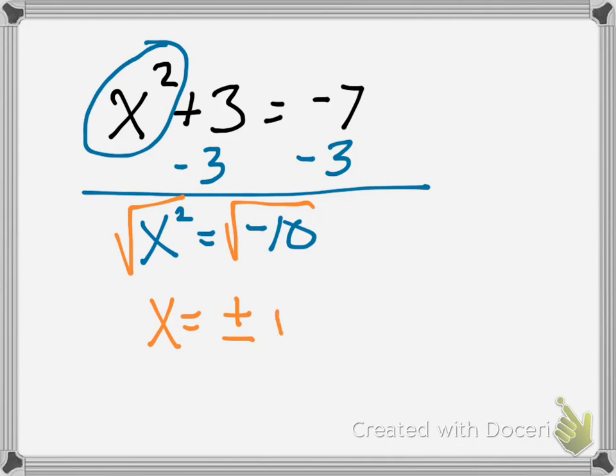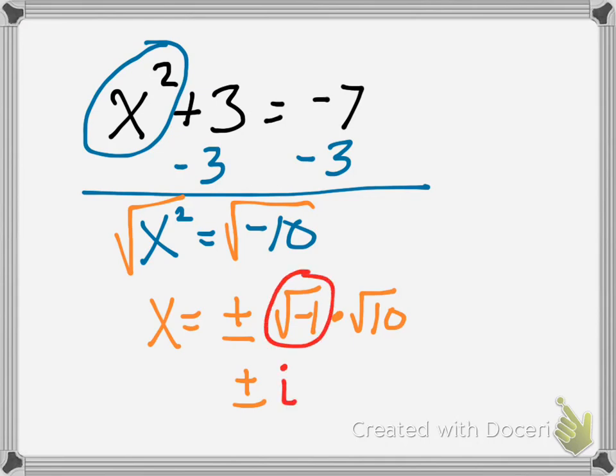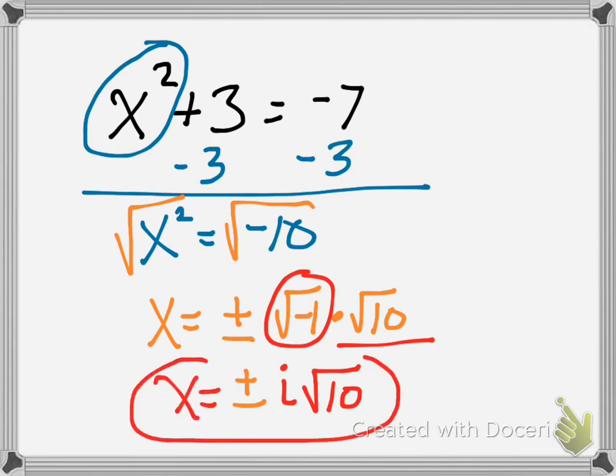Negative 10 is really just negative 1 times the square root of positive 10. We should know that the square root of negative 1 again is just i. Square root of 10 doesn't simplify at all, so I'm just going to leave it square root of 10. x equals plus and minus i square root 10.